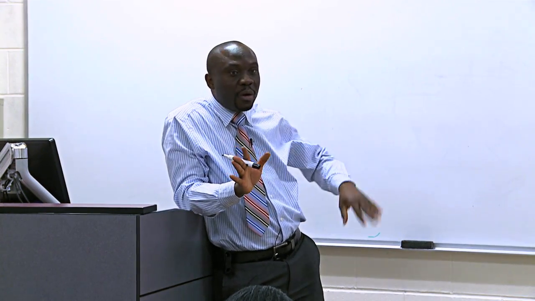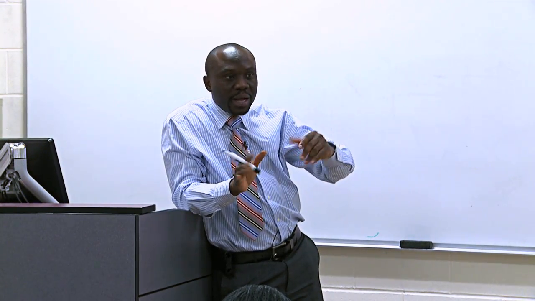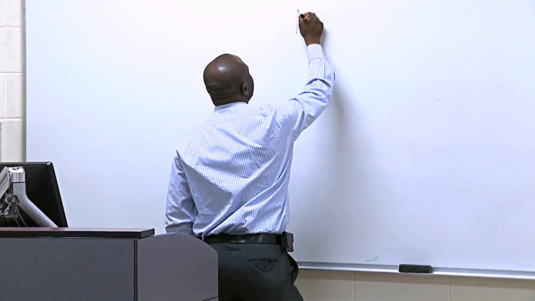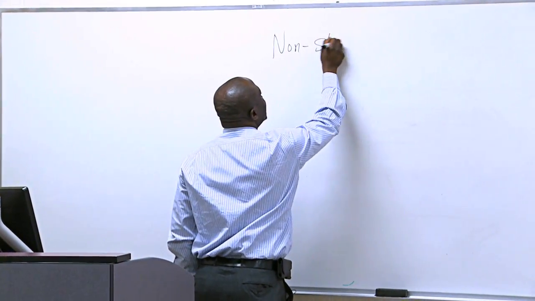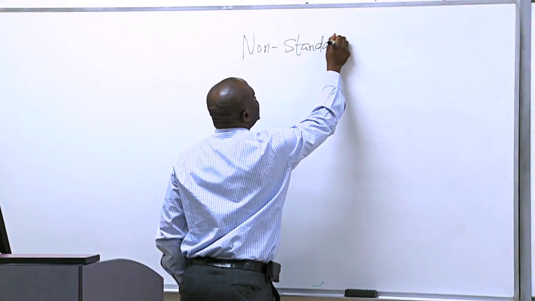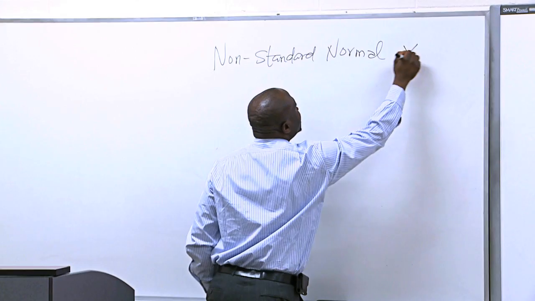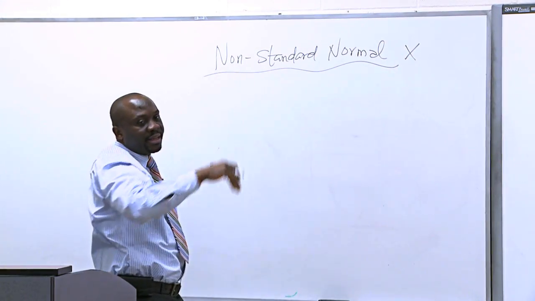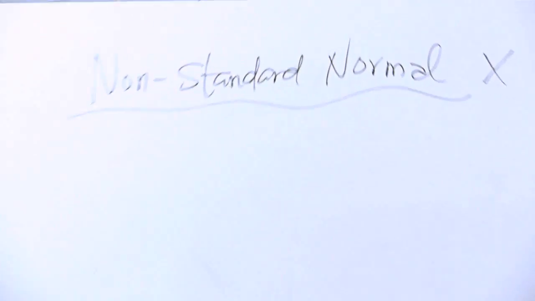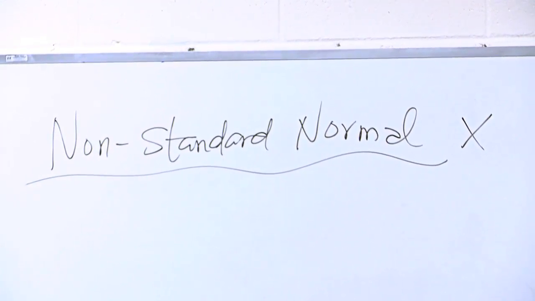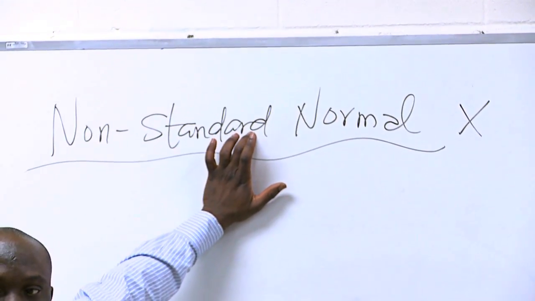So, since we have two types of normal distribution and we've covered one part, let's look at the other side, which is the non-standard normal, which is denoted by letter X. How do we find probabilities associated with that?